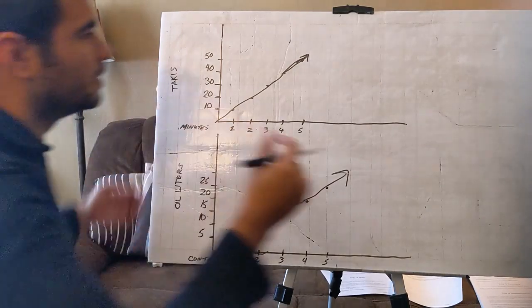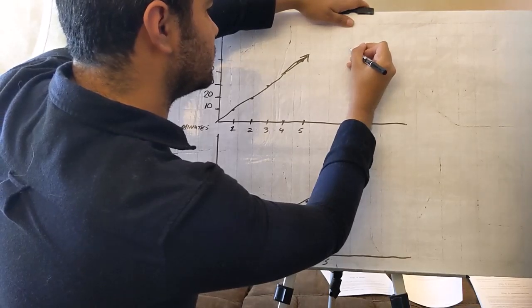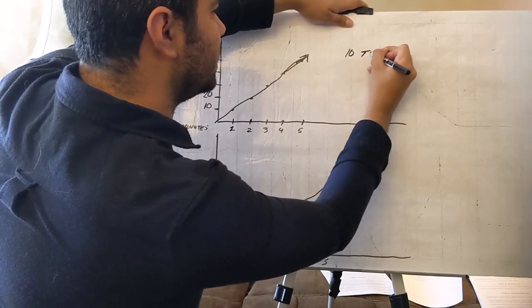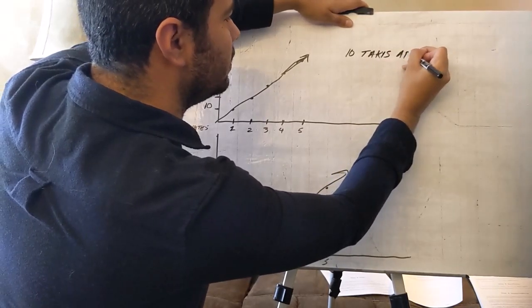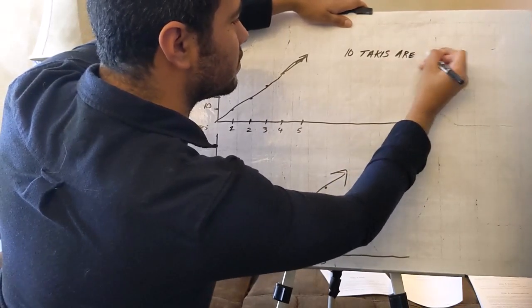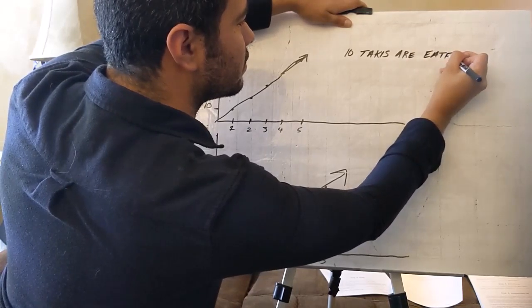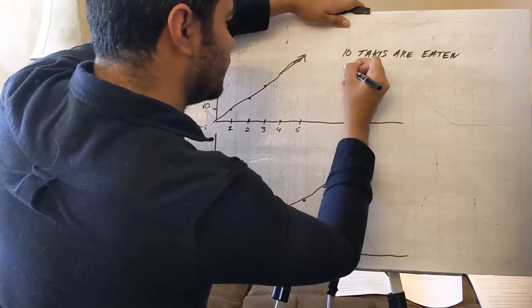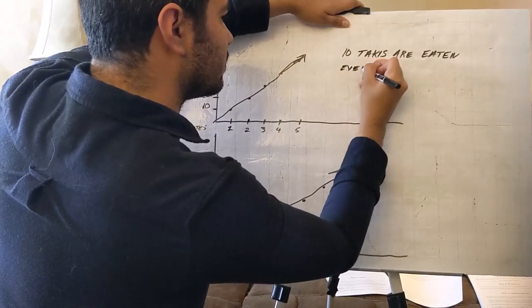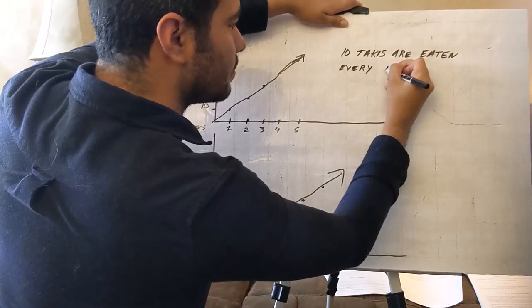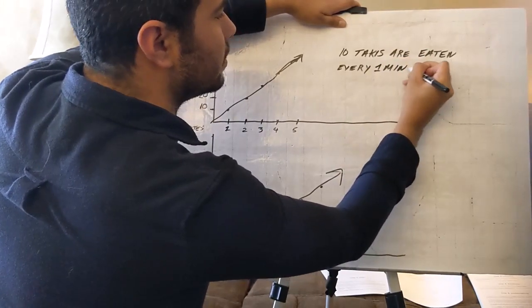So I'm going to say 10 takis are eaten every 1 minute.